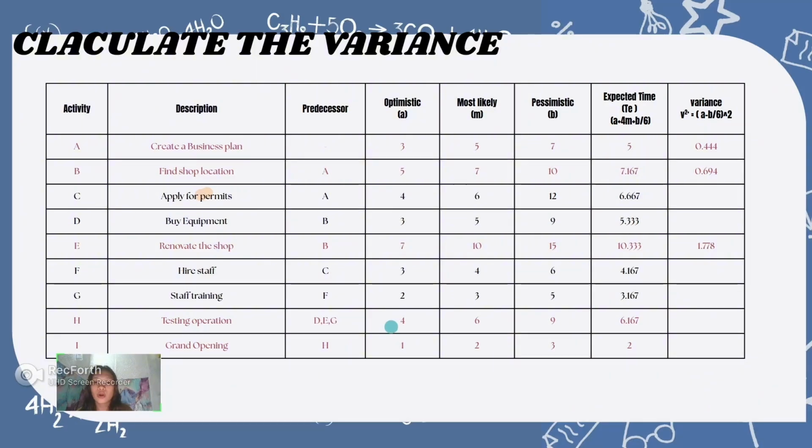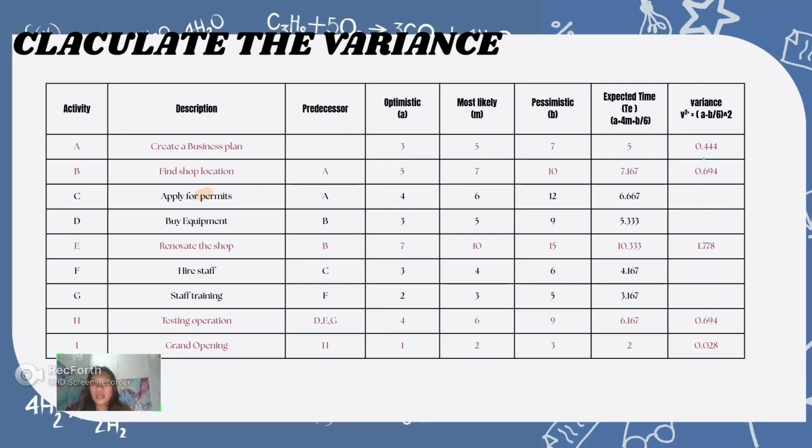And the activity H, which is 9 minus 4 divided by 6 to the power of 2, is equal to 0.695. And then the activity I, which is 3 minus 1 divided by 6 to the power of 2, equal to 0.028.